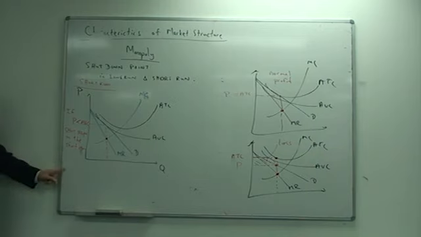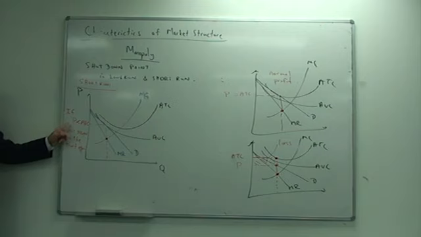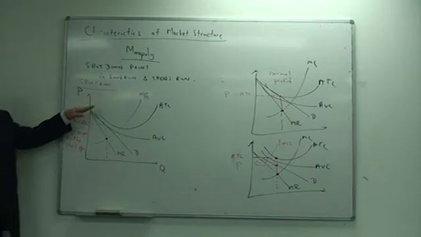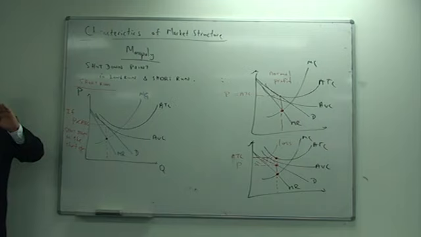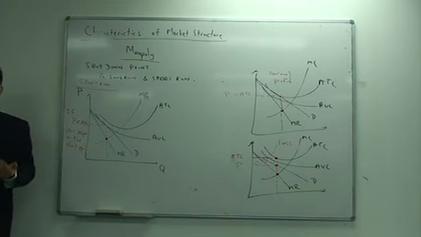So the shutdown point for short run is if your price is below average variable cost. If you sell anything above average variable cost up to here, even though you're making a loss, at least you can cover your average variable cost, although you can't cover the average total cost or average fixed cost, yeah? But you can still run the business.